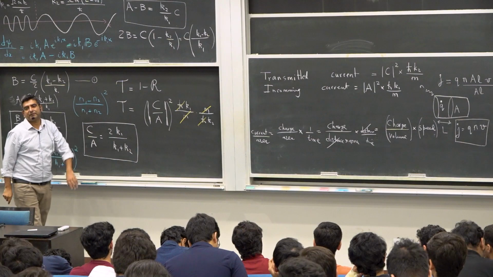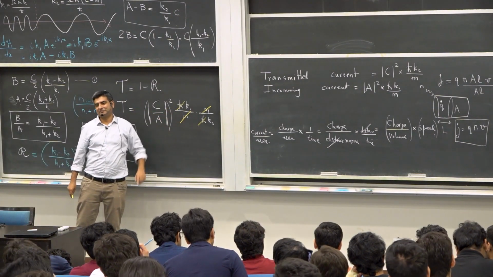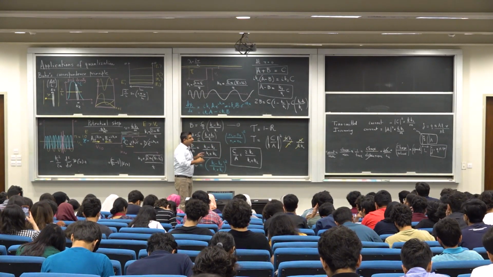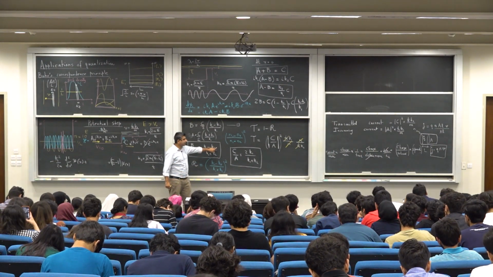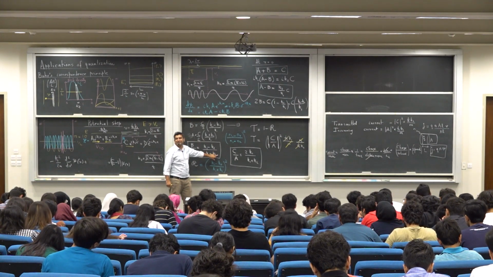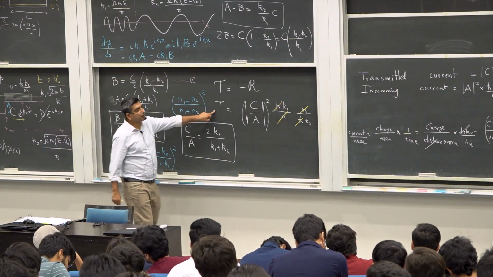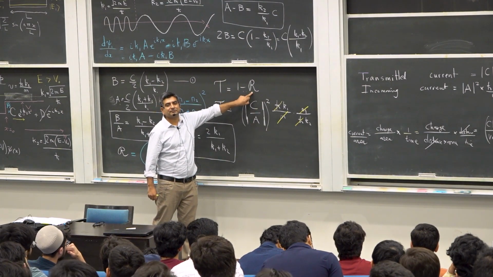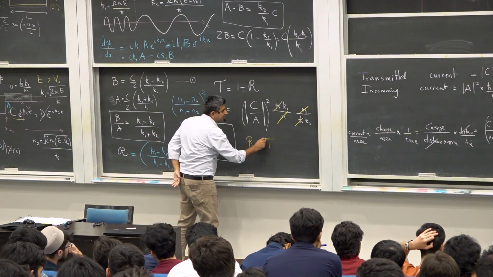This is your transmissivity: you multiply C over A mod square with k2 over k1. For the reflection, you can do the same thing, but in this region it's the same medium, so there's a k1 in the numerator and a k1 in the denominator, and both cancel out. So if you use this formula for the transmissivity, it will turn out that the reflectivity plus the transmissivity is 1.